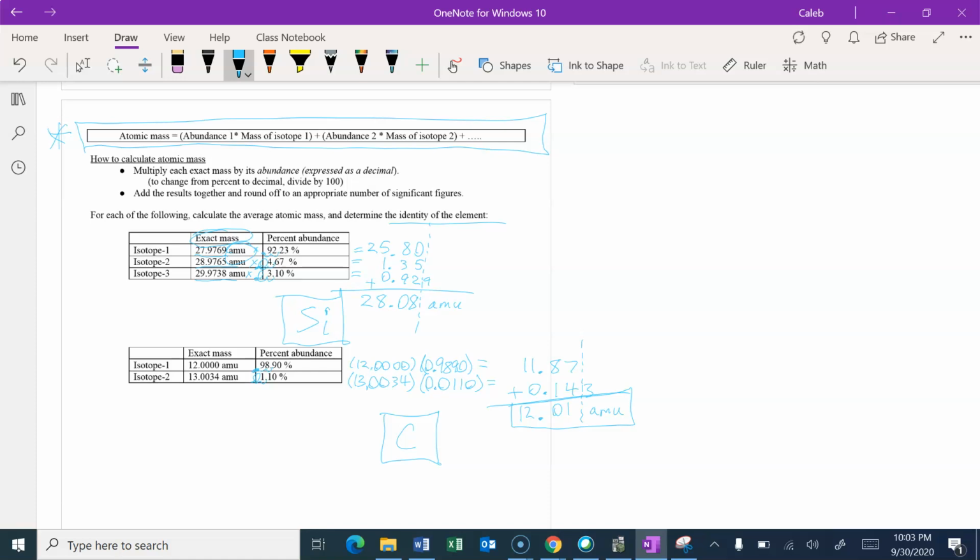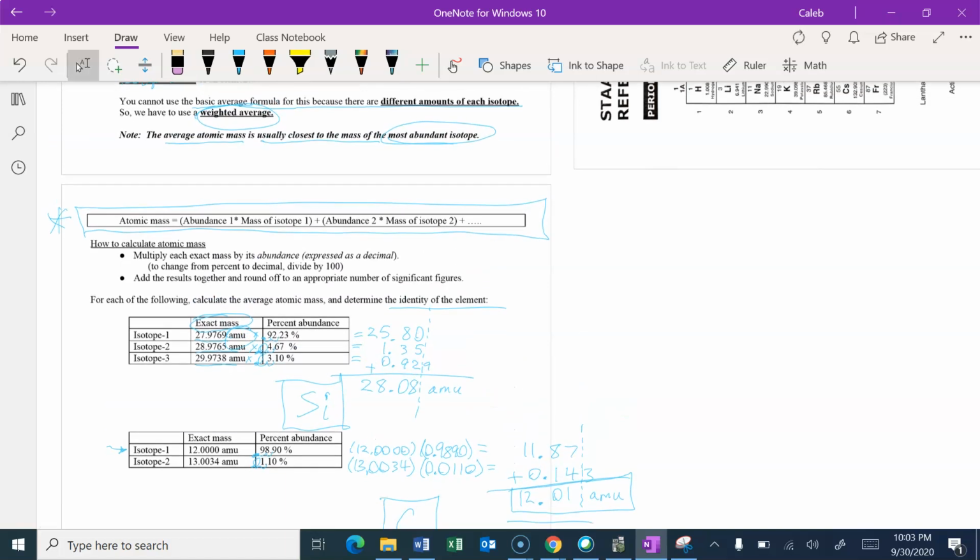All right, and by the way, you can kind of check your work and make sure that it makes sense. Since 98% of my isotope of the sample was isotope 1, my average atomic mass should be really close to that mass. And it is. It's 12.01 instead of 12, right?